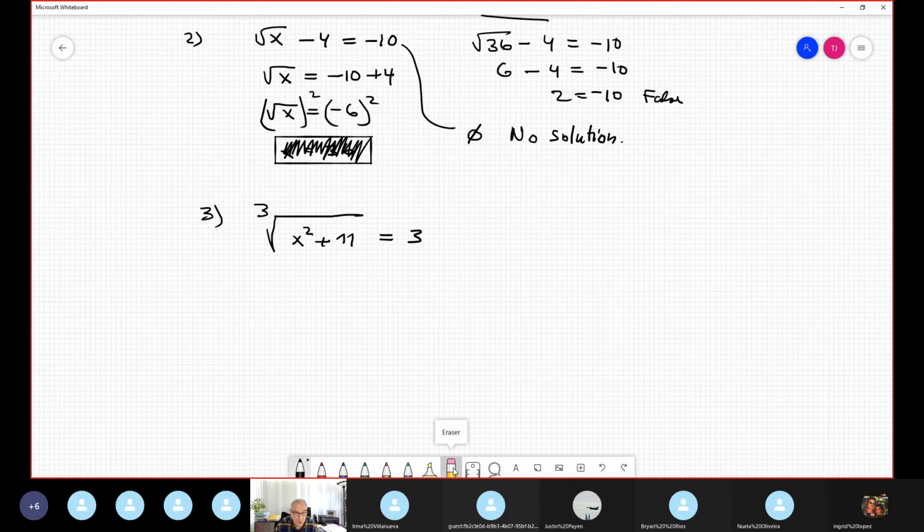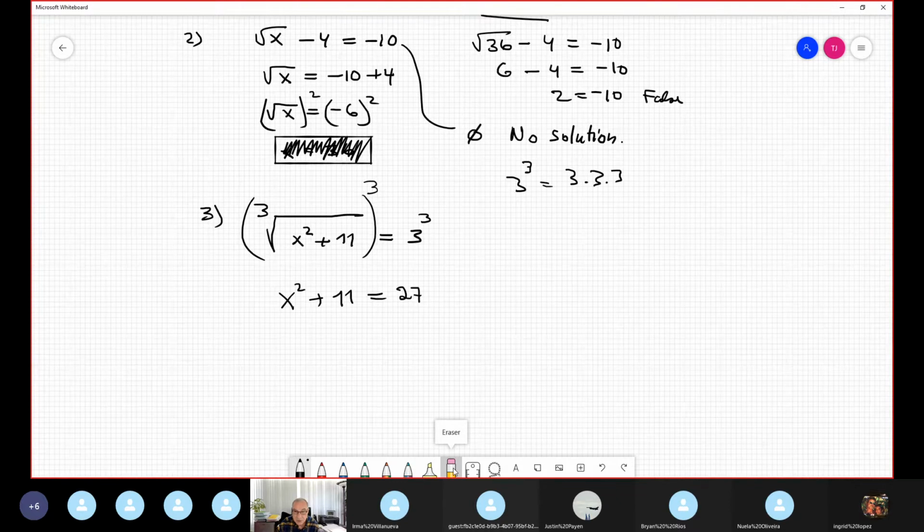So what should I do? Well, you cube both sides, raise to the cubic power. The cubic root and the cubic power cancel each other out, and it's 27. Be careful, this is 3 cubed, it's not 3 times 3. 3 cubed is 3 times 3 times 3. 3 times 3 is 9, 9 times 3 is 27.